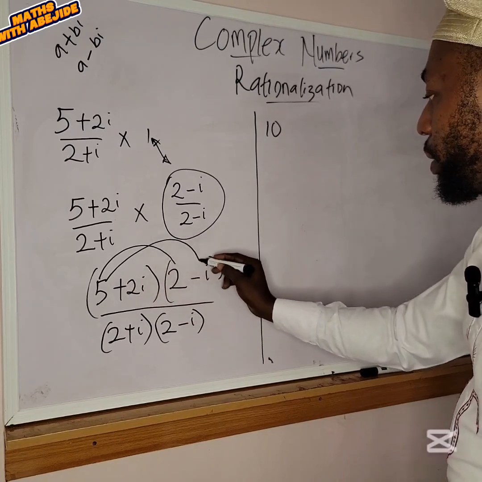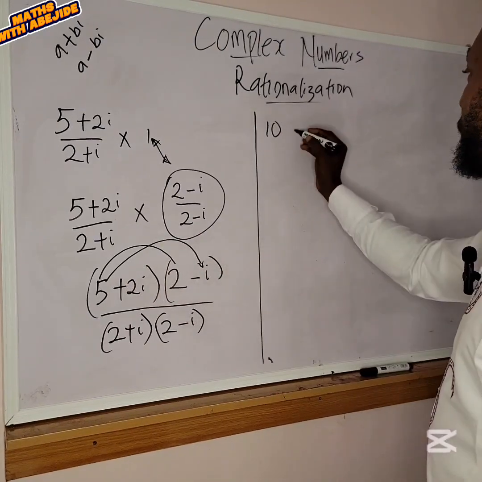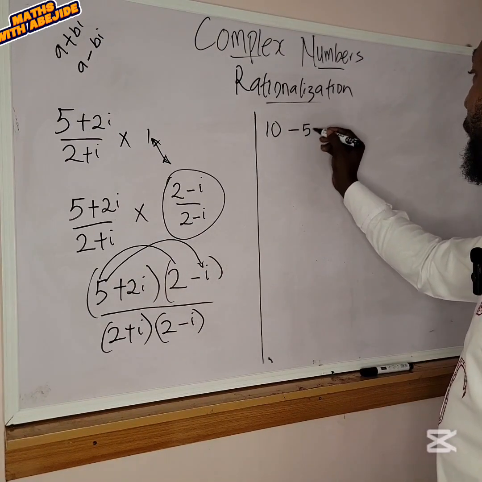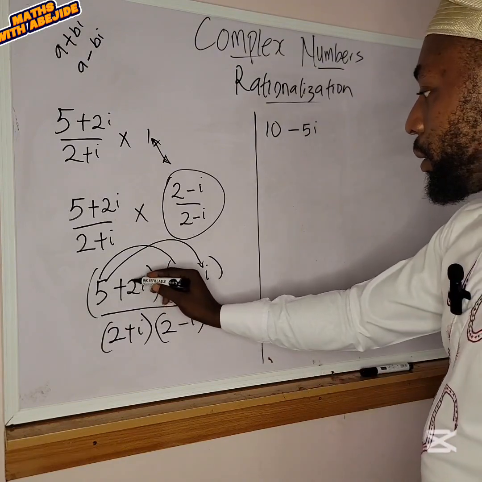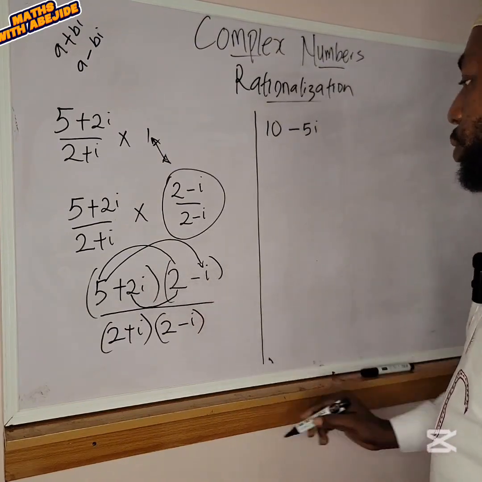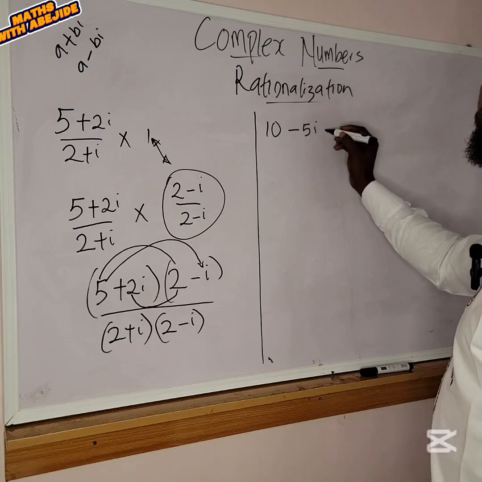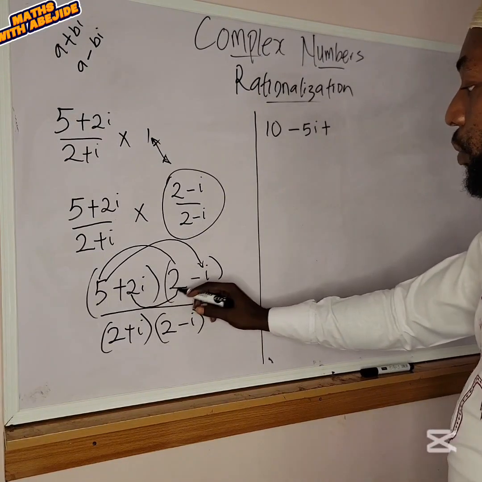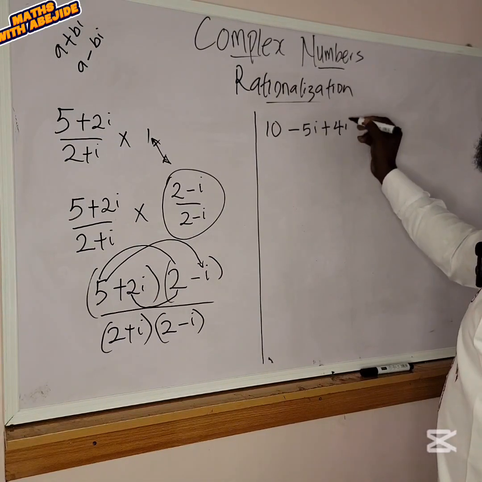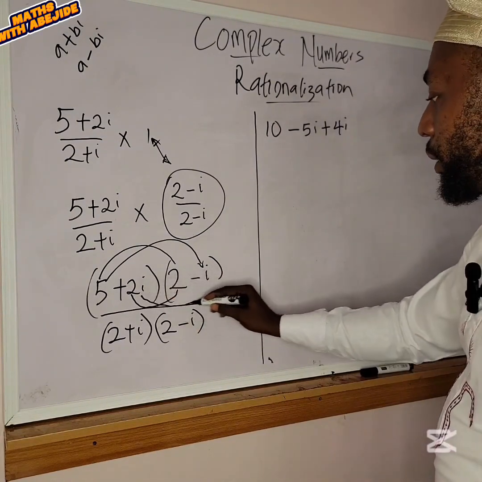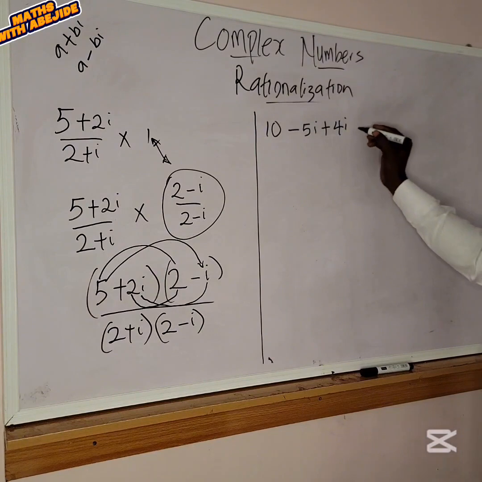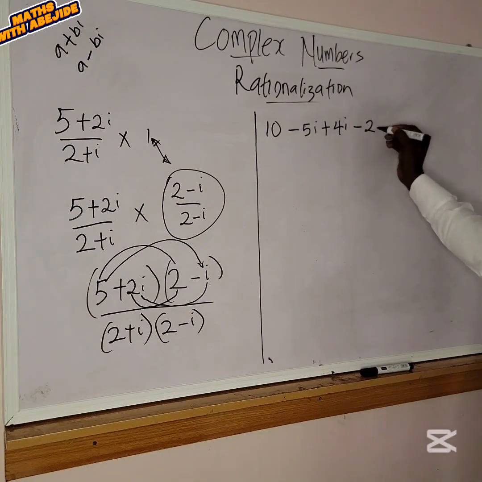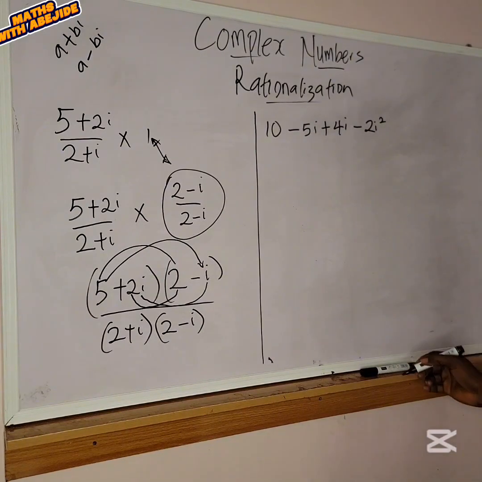Then 5 goes for negative i, that means minus 5i, right? Then 2i goes for 2, that means 4i. Then finally this goes for this so that we can have negative 2i squared. Is that correct?